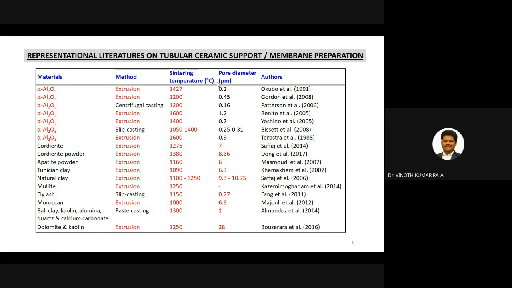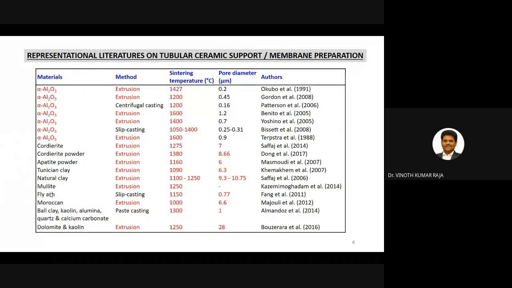However, if you look at the sintering temperature, it ranges from 1000 to 1600 degrees centigrade. So it requires a very high sintering temperature. The major drawback of utilizing this alumina material is the higher cost as well as the higher sintering temperature. For this reason, researchers have started finding alternative materials such as cordierite, apatite, Tunisian clay, natural clay, mullite, fly ash, and started making the membrane.